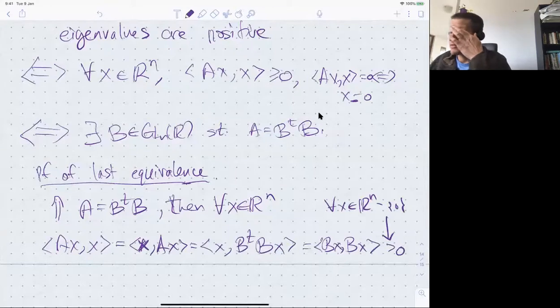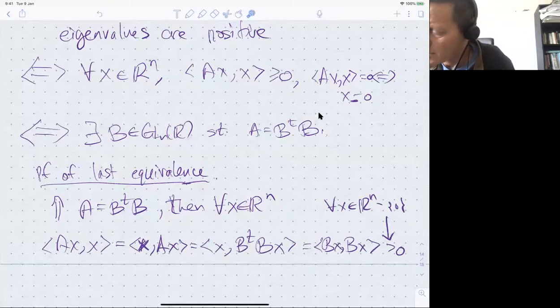So that gives us this characterization of positive definite matrices.